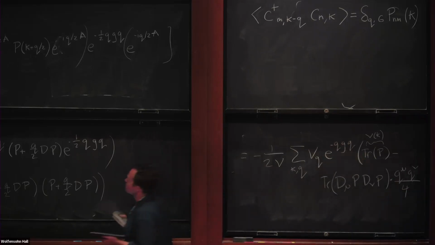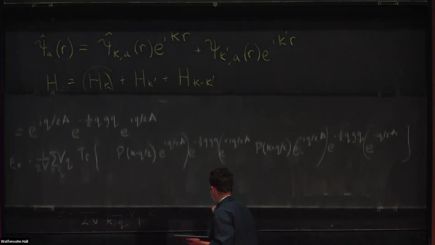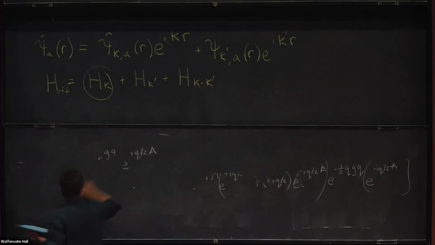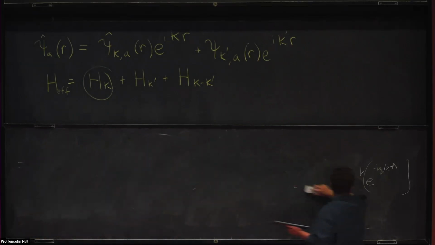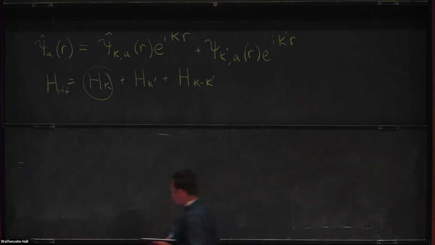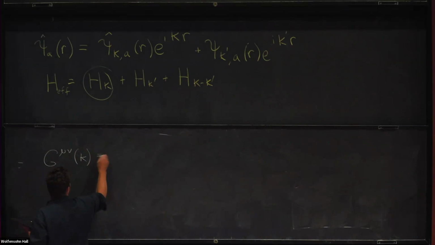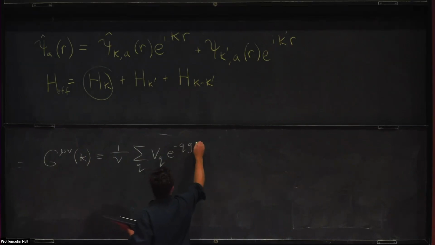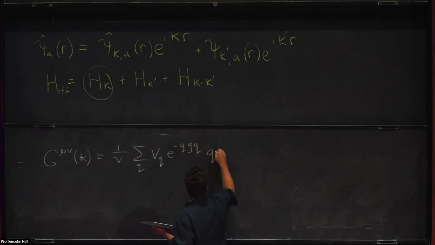So let me define this metric with upper indices. G upper index mu nu of k, I will just define to be 1 over v integral of q dq e to the negative q g q q mu q nu over 4.